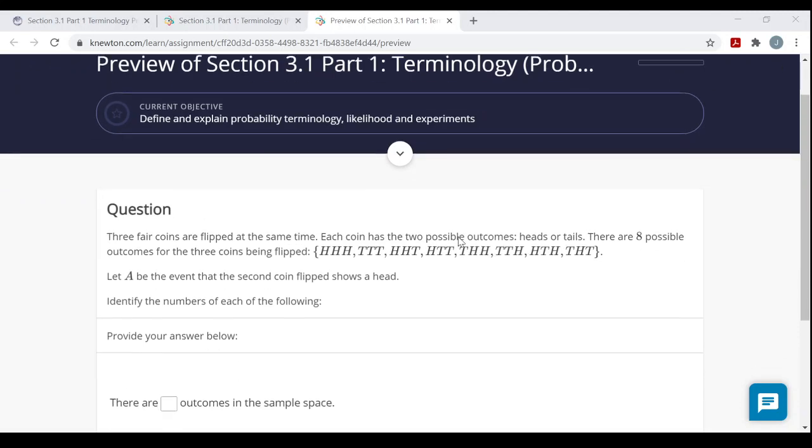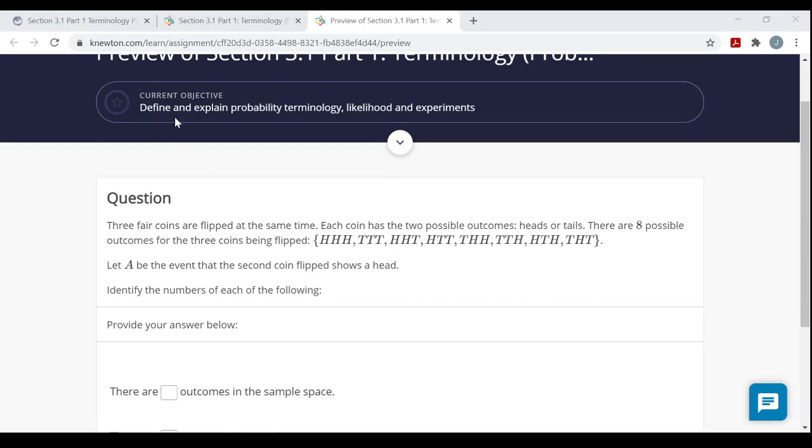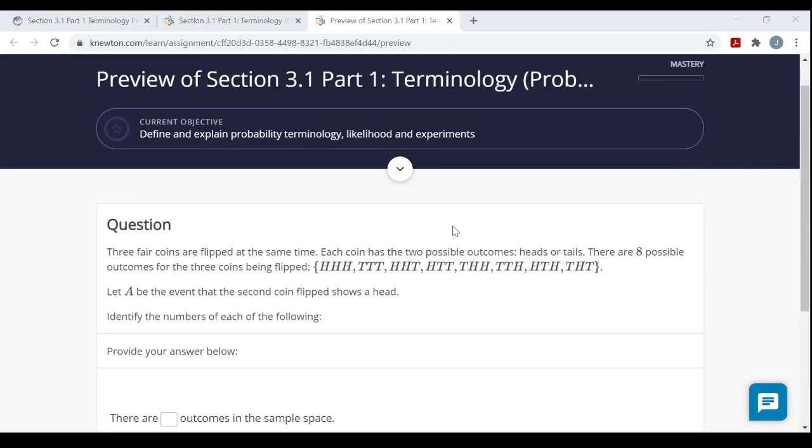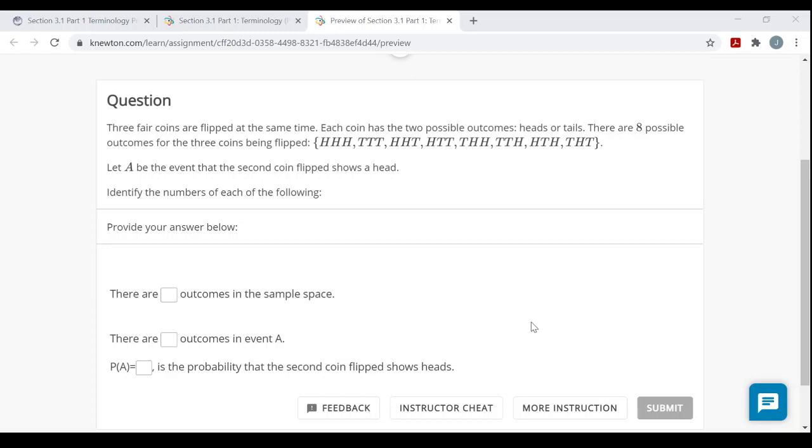So as I've been saying, usually the first time I see an objective, I would recommend, unless you've done the reading and you feel comfortable, right? If you read your section 3.1 in the OpenStax statistics book, or you watched the videos in my Canvas page for section 3.1, if you did all that and took notes and organized things and practiced some stuff ahead of time, and you feel comfortable with the terminology, then you can go ahead and answer questions right now.